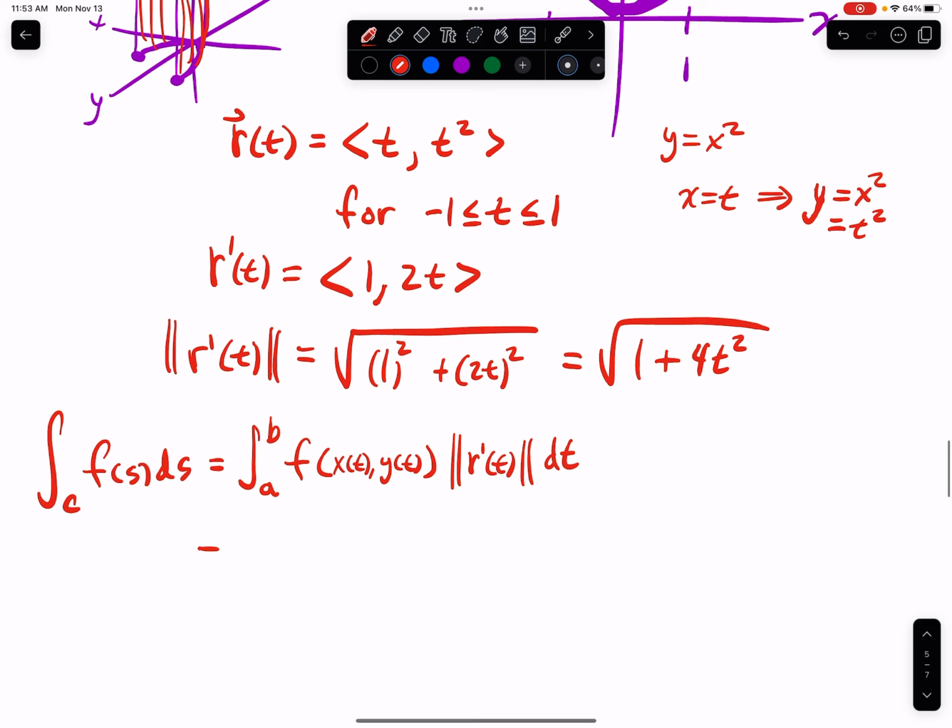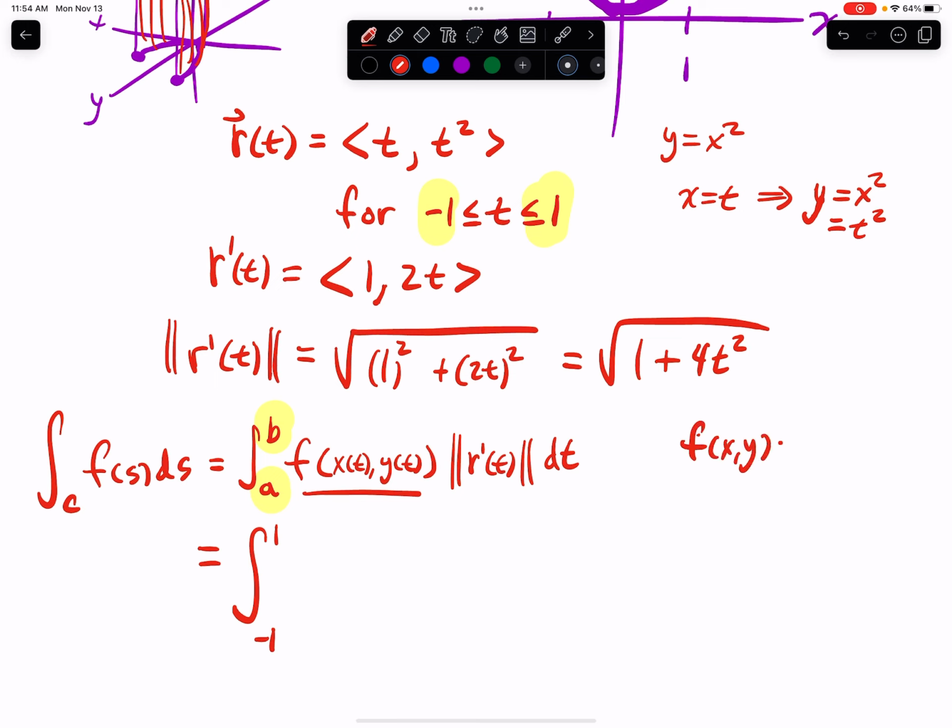So this becomes what? The integral from, okay, a to b here, t is stuck between these two values, -1 and +1, right? Now f, the f function, f of x y is equal to 1 minus cosine x sine y. So everywhere I see an x, I'm going to put a t.